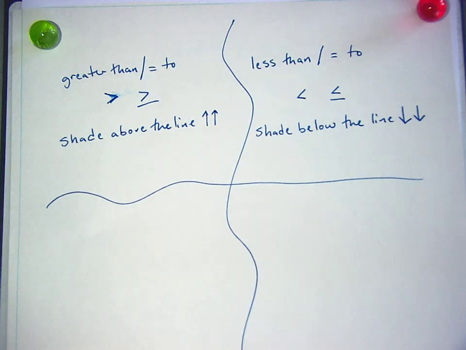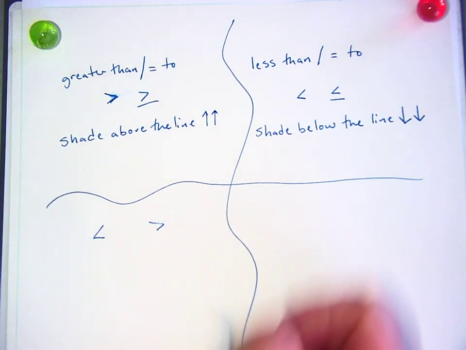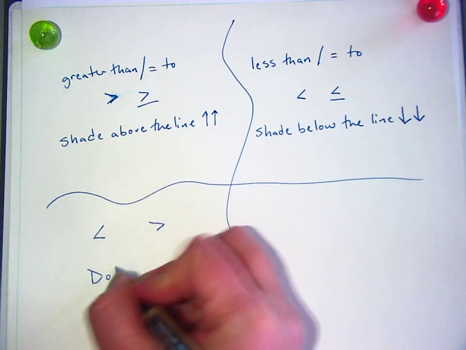The only thing we have left to talk about, pay attention to me now, is that you remember how when we put stuff on a number line, if it was equals to, we'd make it a closed circle, and that implies that that number is included, right? We need a way to show on our line that one of them is included and one of them isn't. So here's how we're going to do that. If it's a less than or a greater than, that's going to be a dotted line.